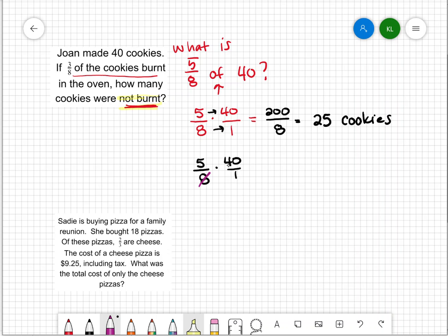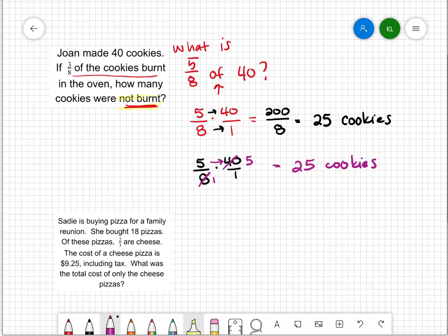And 40 divided by 8 is 5. So I'm going to change now the denominator to 1 and the top to 5. So now when I go across the top, 5 times 5 is 25. 1 times 1 is just 1, so I don't even need to write that. So I get my answer with a little bit of easier math. Okay, so that's this one.